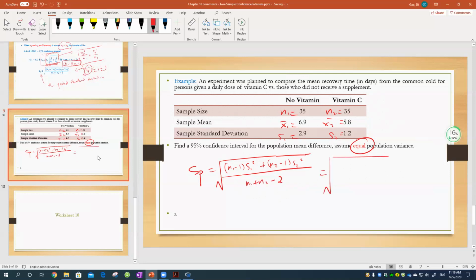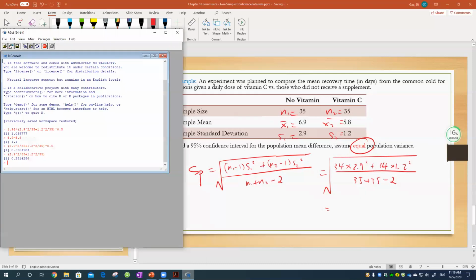So now we have the square root of 34 times 2.9 squared plus 34 times 1.2 squared, and then divided by N1 plus N2 minus 2, so that's 35 plus 35 minus 2. So we calculate this out. Using the calculator, we have the square root of this whole thing: 34 times 2.9 squared plus 34 times 1.2 squared.